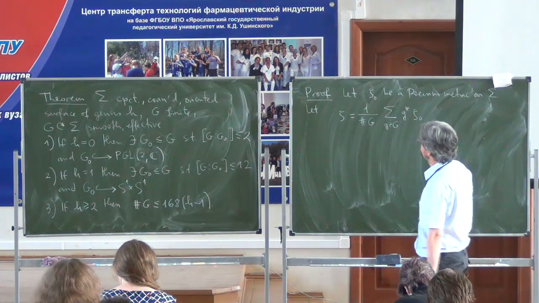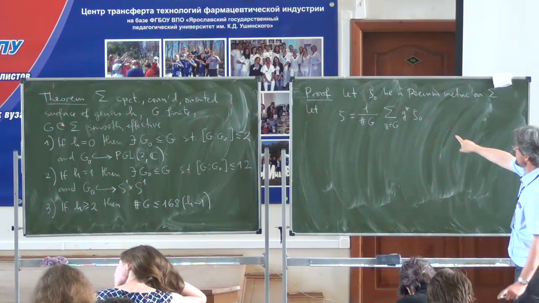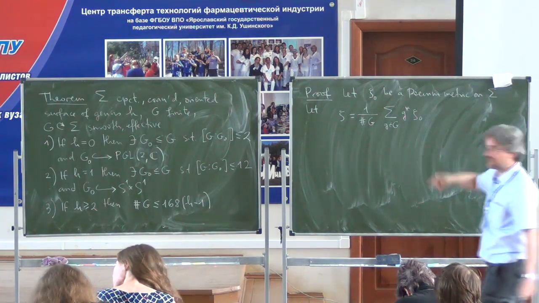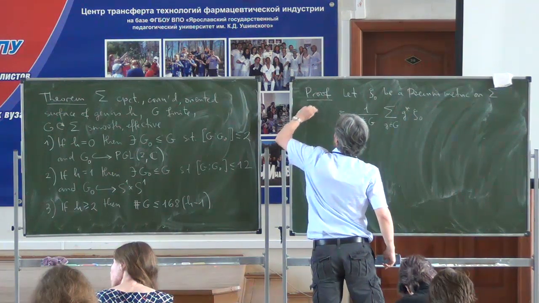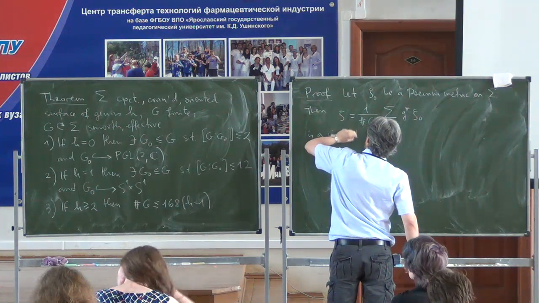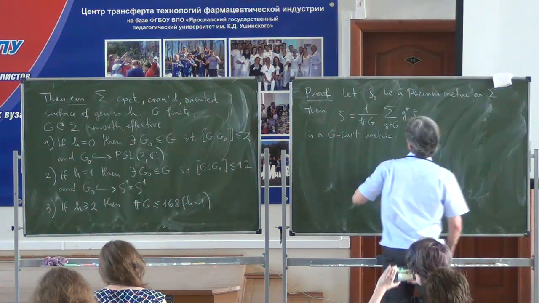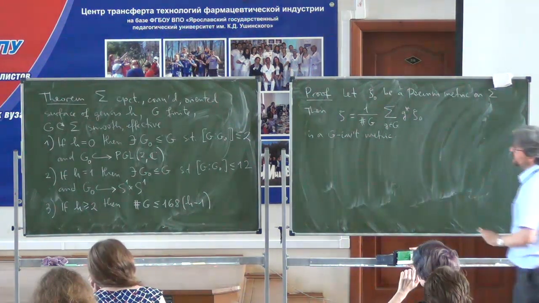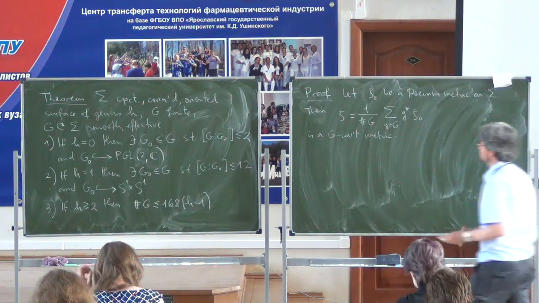Well, you don't really need to divide, but it's nicer this way. Now, this is a G invariant Riemannian metric on sigma. And now we take the conformal structure induced by zeta.